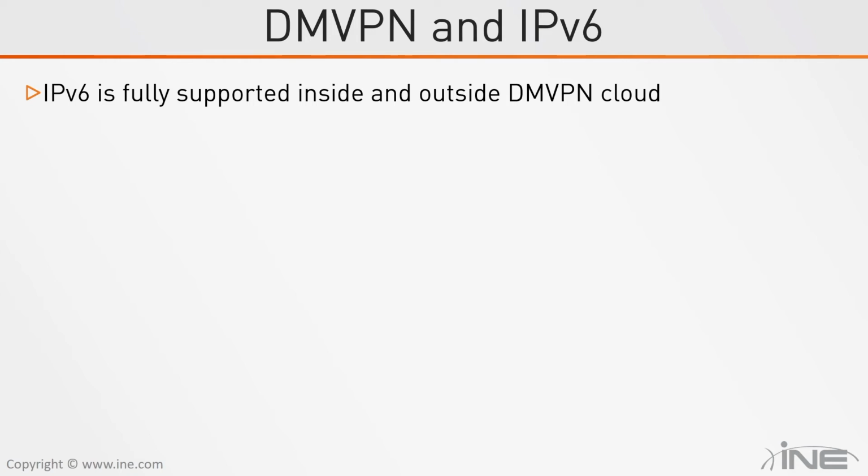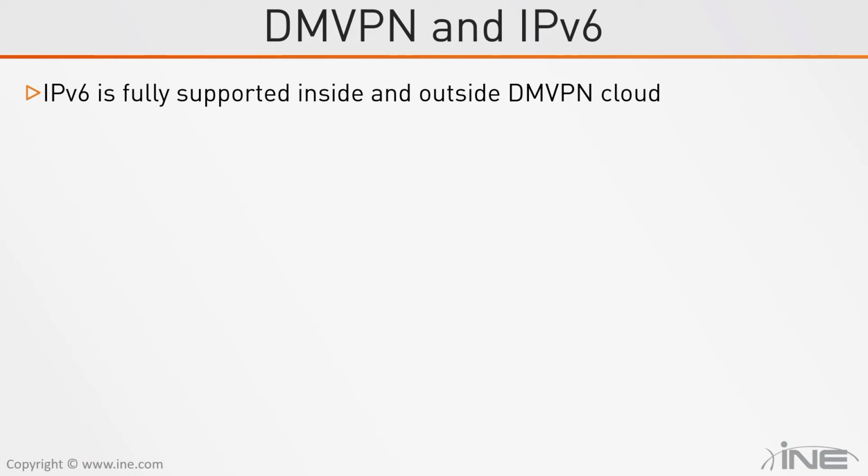What I'm trying to say here is that you can use IP version 6 as your underlying DMVPN transport, plus you can also use IP version 6 on the protected subnets, on the subnets that you want to communicate over DMVPN.